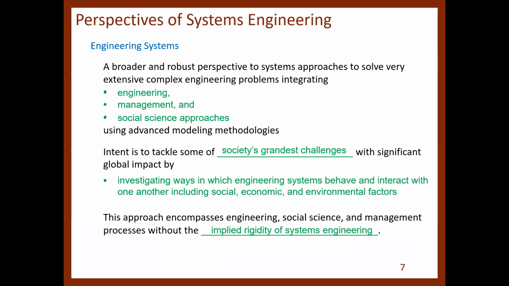So it's not just looking at the math or models, it is also looking at other aspects of the problem, including the societal component, the economic component, and the environmental components that are needed to achieve this final solution. So this approach, engineering systems, encompasses engineering, social science, and management, but it doesn't have the rigidity of the systems engineering approach.